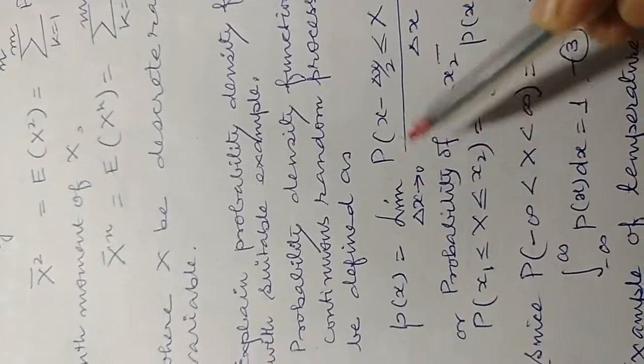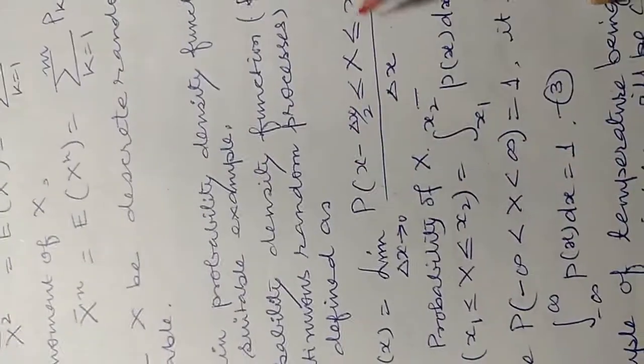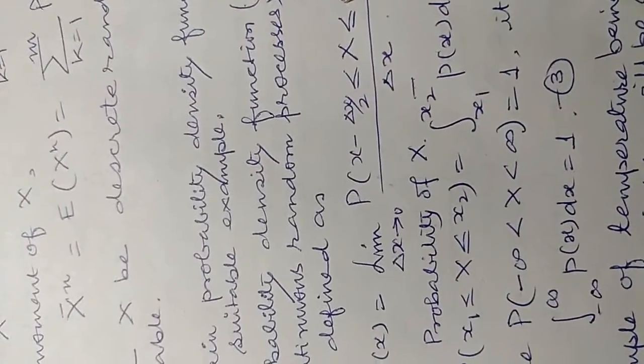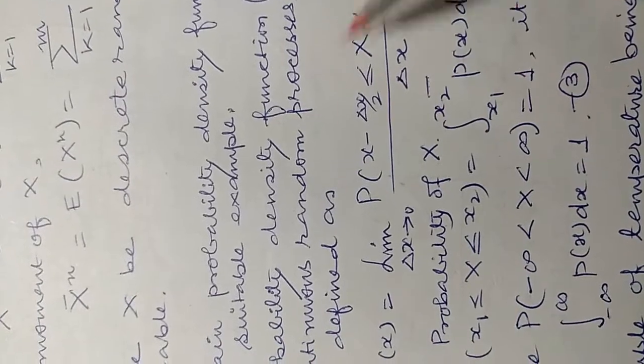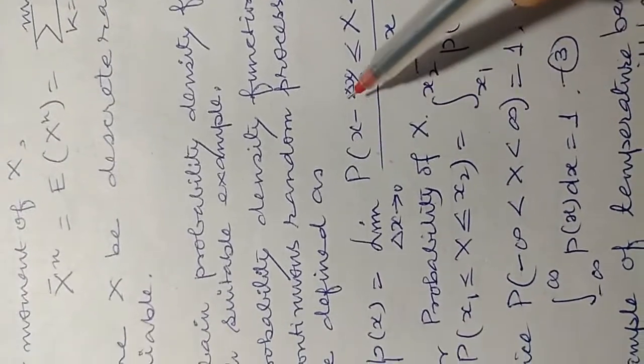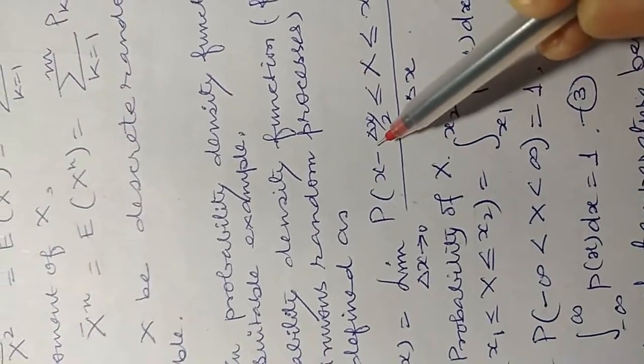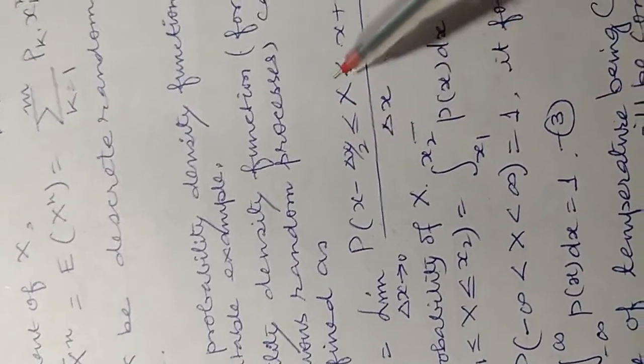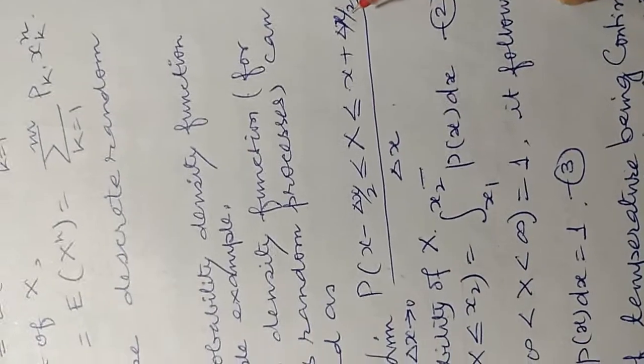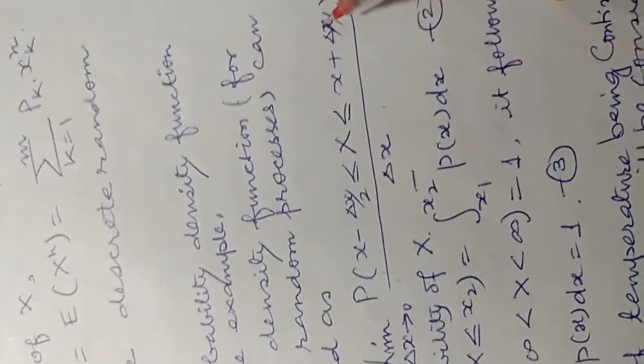If we take this probability over a range, that is the probability of x minus del x by 2 to x plus del x by 2, over that range is del x.